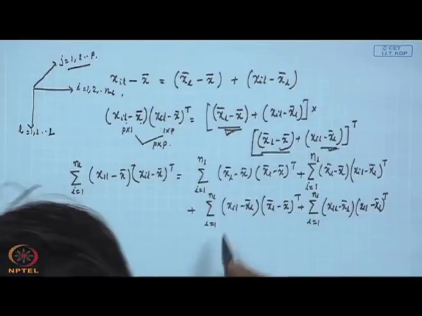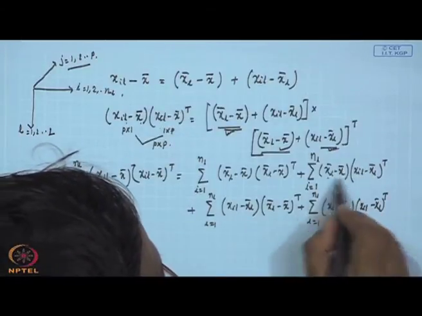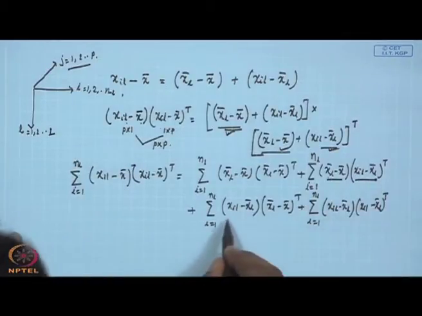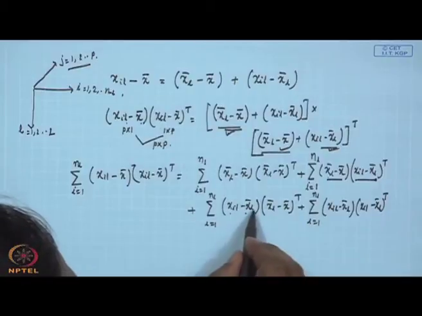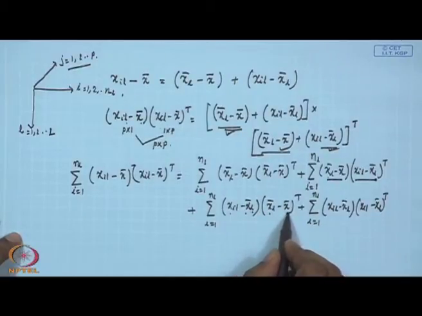See this one, second one (x_l bar minus x bar) into this (x_il minus x_l bar), and the third one (x_il minus x_l bar) into (x_l bar minus x bar).